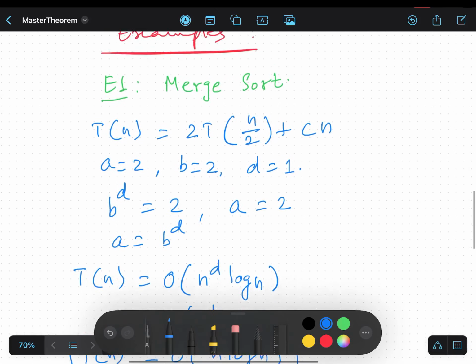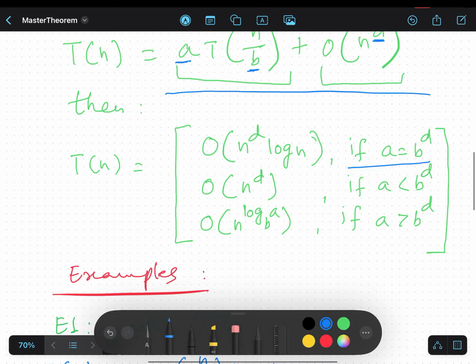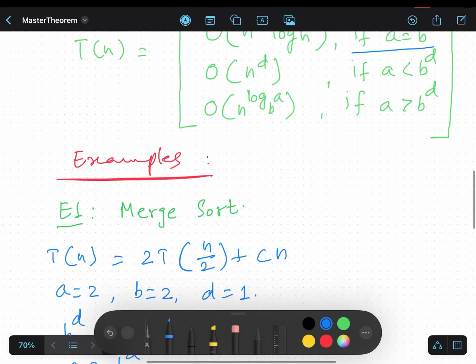So what does case 1 say? Case 1 says it's big O of n raised to the power D log n.